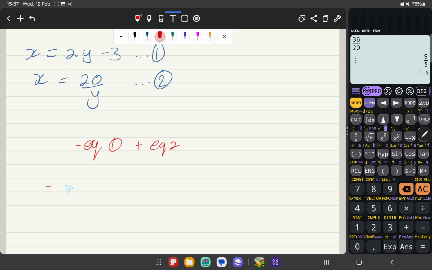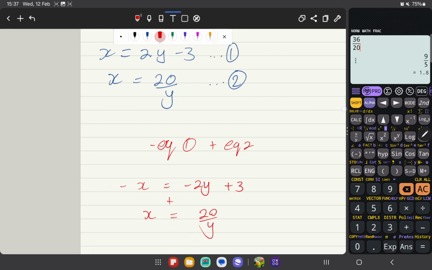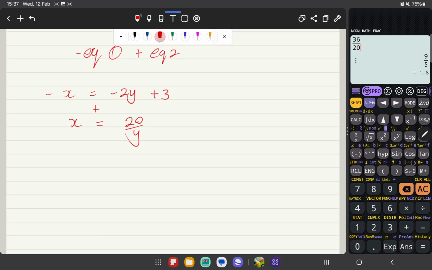So I'm gonna have negative x equals negative 2y plus 3. Then I'm adding that to x equals 20 over y. Is that right? Yes, it is right.